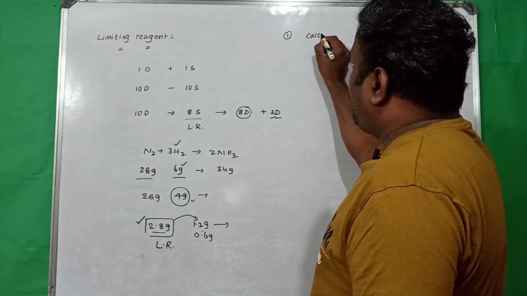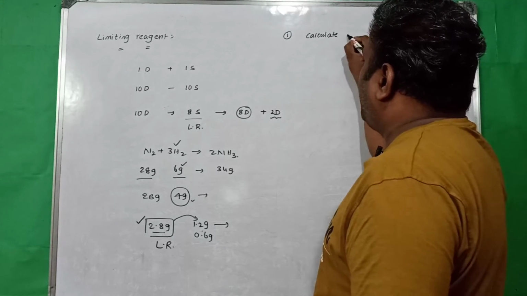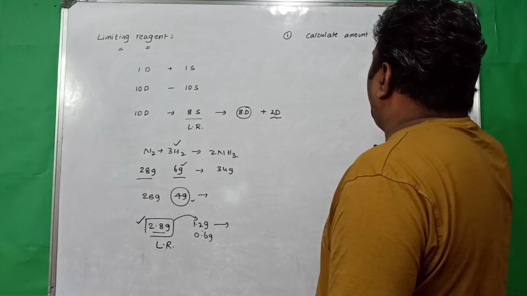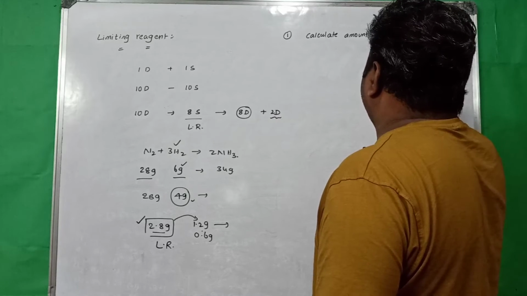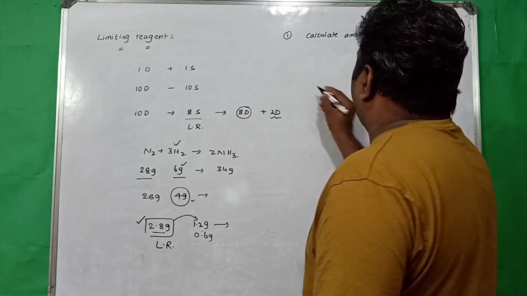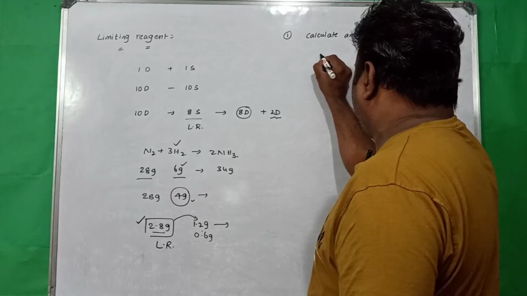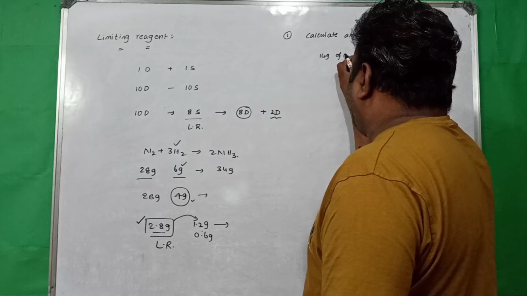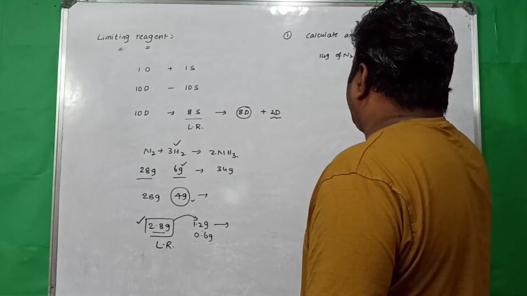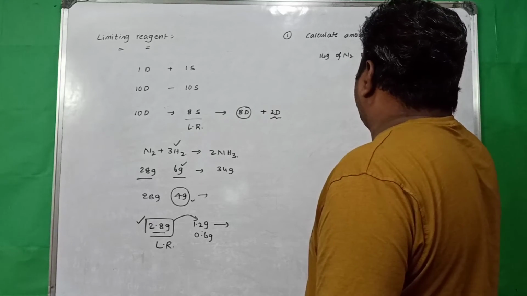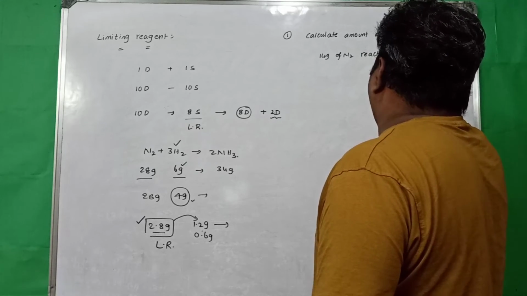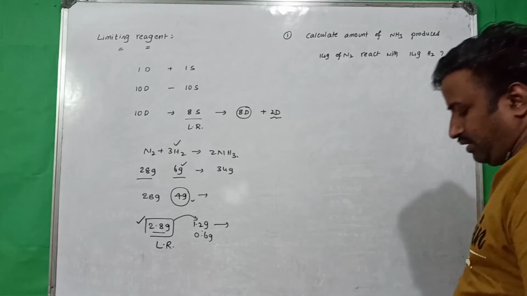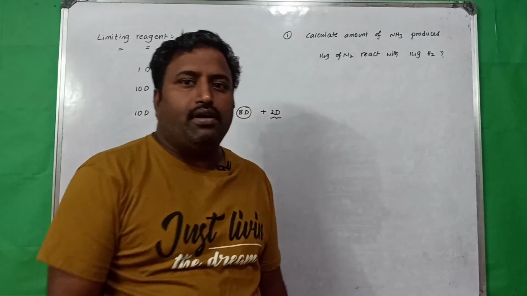Calculate the amount of ammonia produced when 14 grams of nitrogen react with 14 grams of hydrogen.